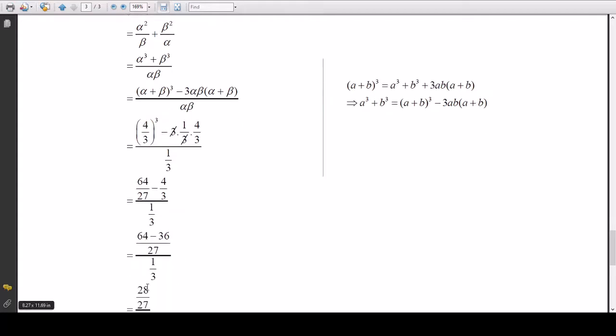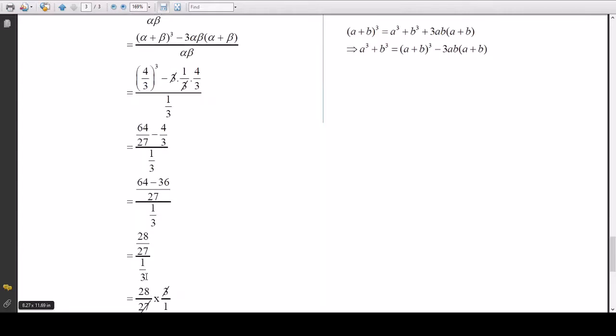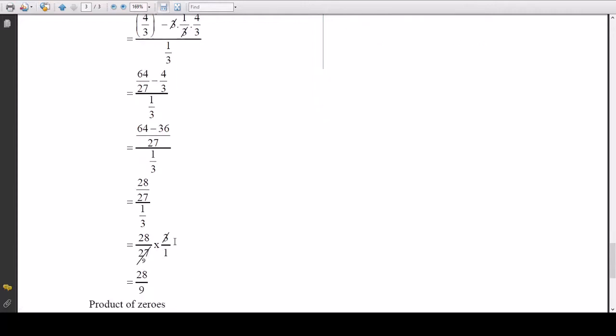Yes, 28 by 27 divided by 1 by 3. Now you change this division sign to multiplication. 27 by 28, multiplied by 1 by 3 will change to 3 by 1. Cancelling 3 with 27, you will get 9. In the numerator you have 28, denominator you have 9 multiplied by 1, which is 9.